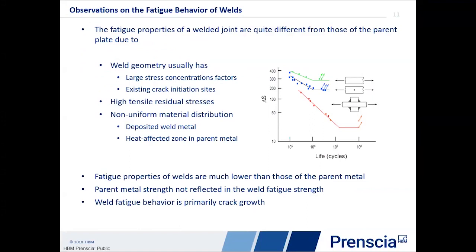Another thing we tend to see is that the parent metal strength doesn't tend to show up in the fatigue weld strength. Finally, because of existing crack sites and the types of damage we see in welds, fatigue behavior of welds tends to be crack growth.